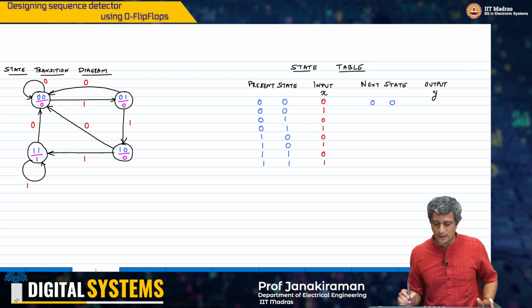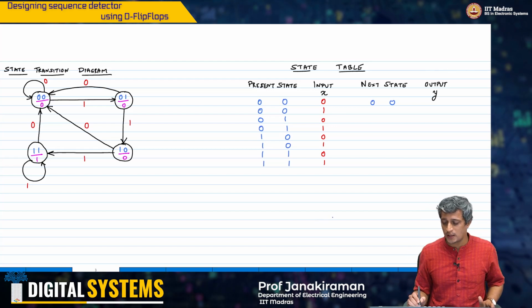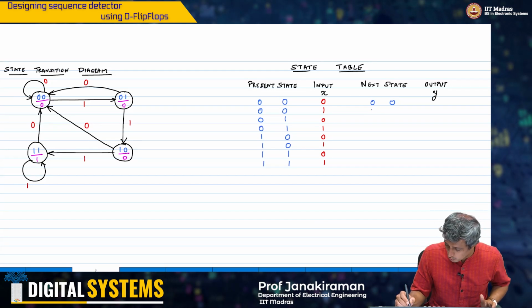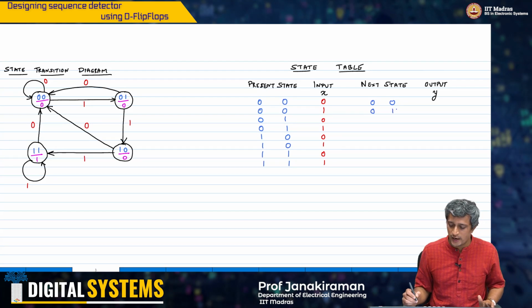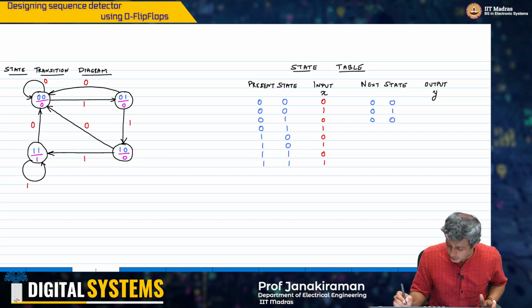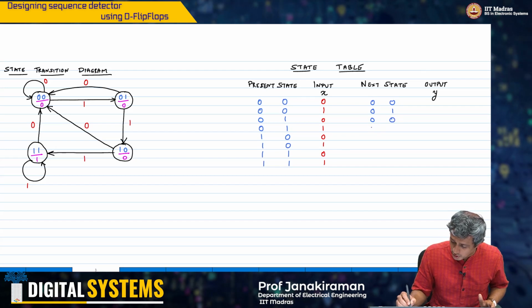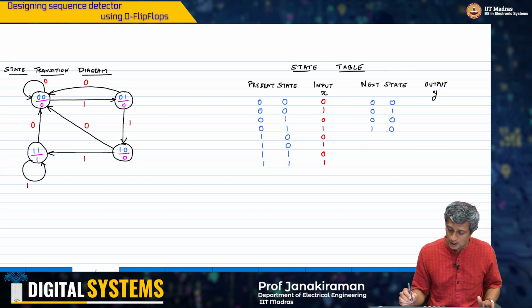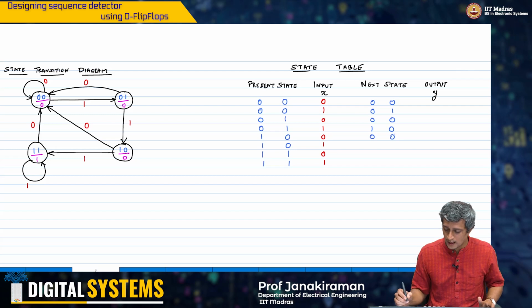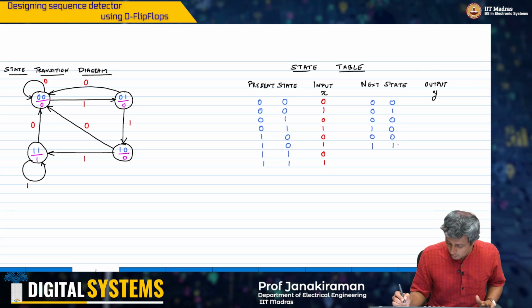Okay, so if the present state is 0 0 and the input is a 0, then the next state is 0 0. If it is 0 0 and the input is a 1, then you go to 0 1. If you are at 0 1 and you get a 0, you come back to 0 0. At 0 1, if the input is a 1, you go to 1 0. Now if you are at 1 0 and you get a 0, again go back to 0 0. Here you go to 1 1.